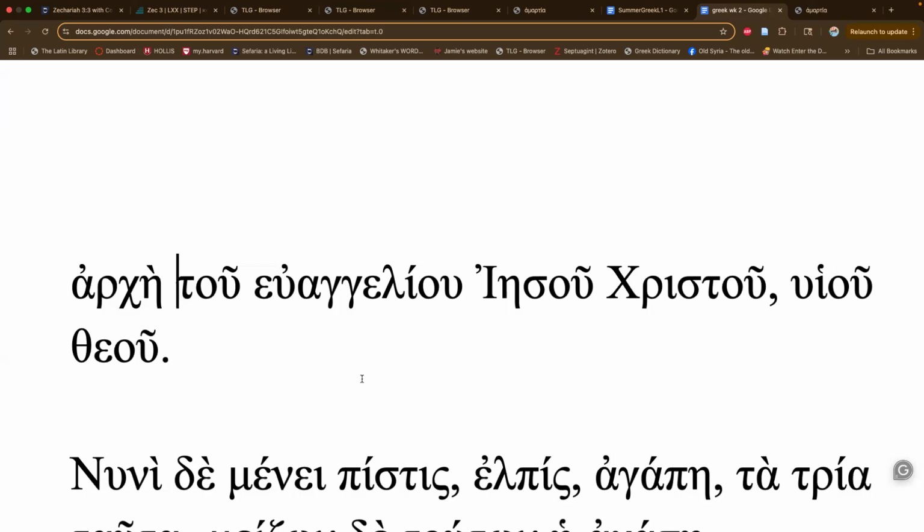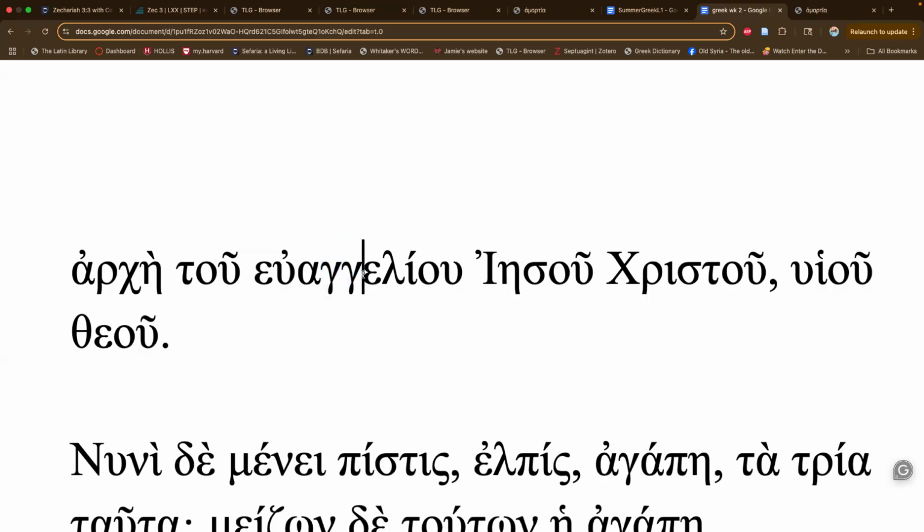Note, this is something that might be more relevant once we are more familiar with the alphabet. But note here that we have a double gamma, and I didn't say uwagelium or iwageliu. If you have two gammas next to each other, the first one is pronounced like an n. So it's evangeliu instead of iwageliu.